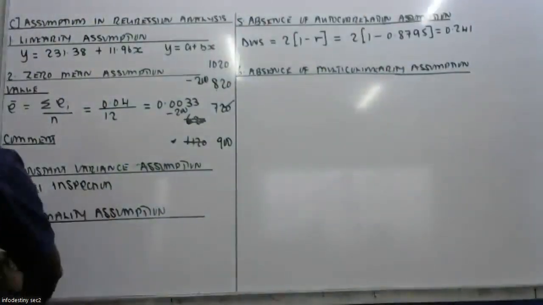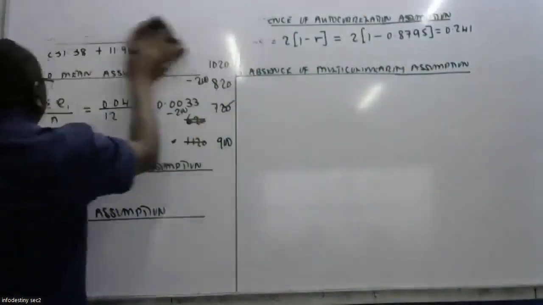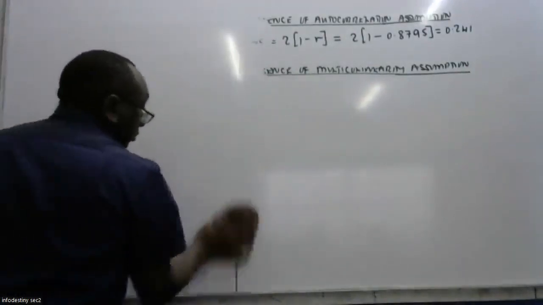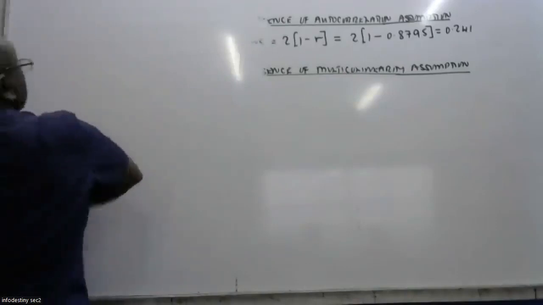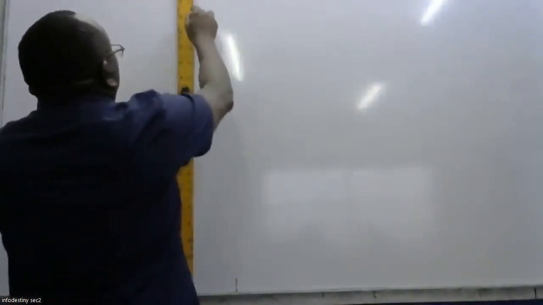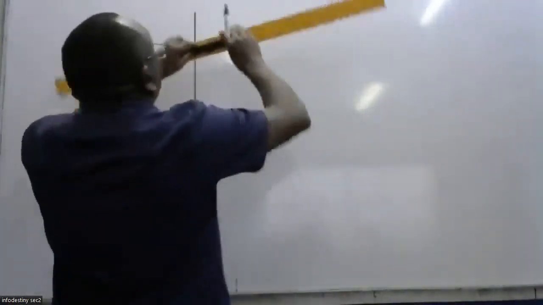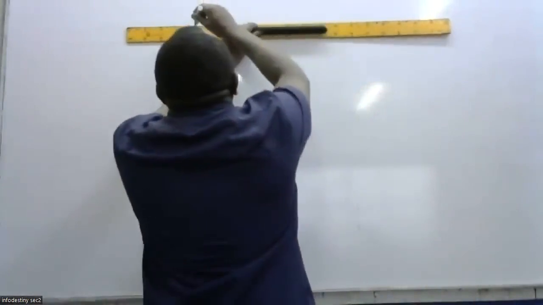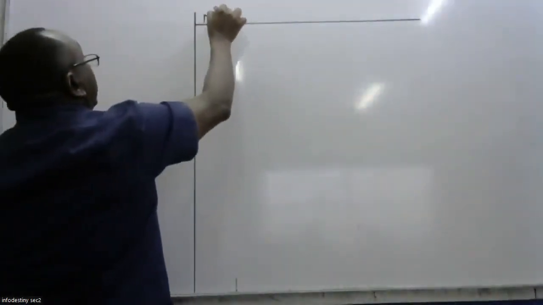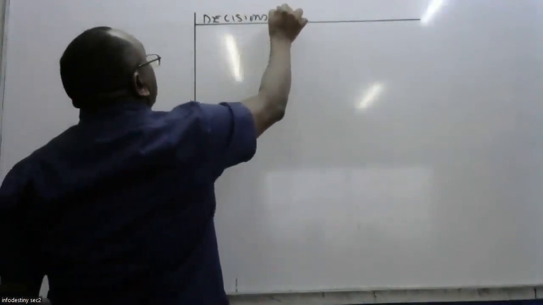So that brings us to the end of that area and to the beginning of another one, which is called decision making. That's the next area of concern.